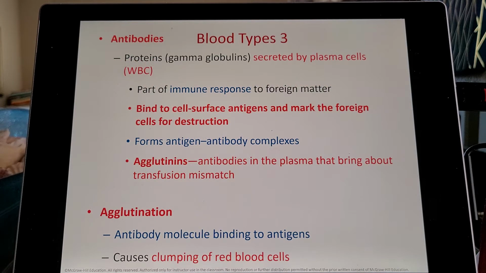Now, the antibodies are in your plasma. So whatever blood type you have, your blood creates antibodies against the other types. So that's how they're able to detect a foreign blood type that has gotten into the body. If you've given a transfusion and maybe the bag was marked wrong, then you're going to have an immune response.